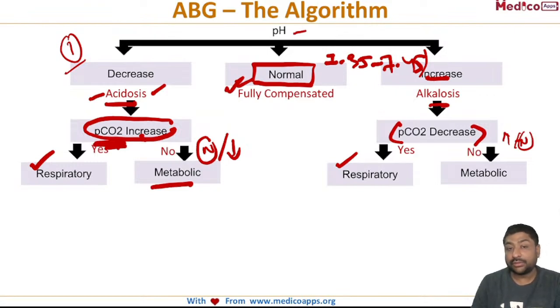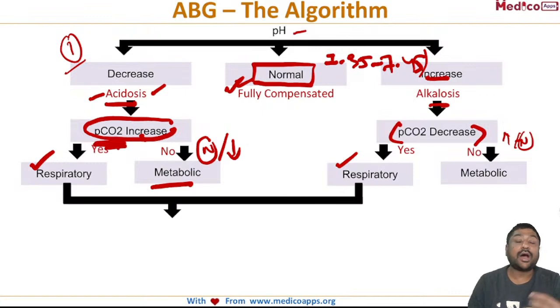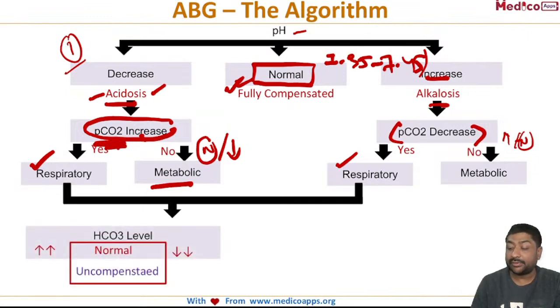And once you know this, let's look at how we decide if it is compensated or uncompensated. Obviously it cannot be fully compensated, but for a respiratory cause, look at the bicarbonate level. If the bicarbonate level is normal, it is uncompensated.